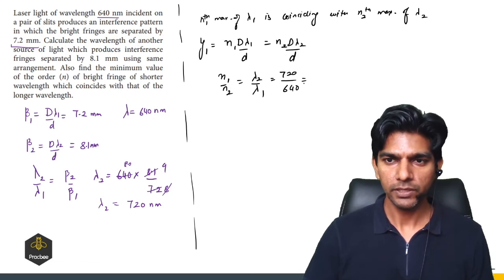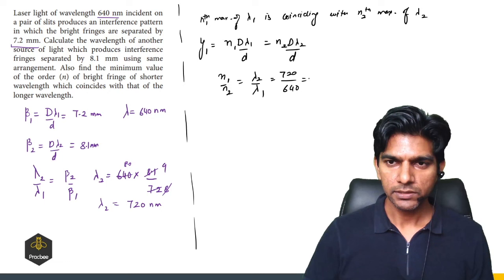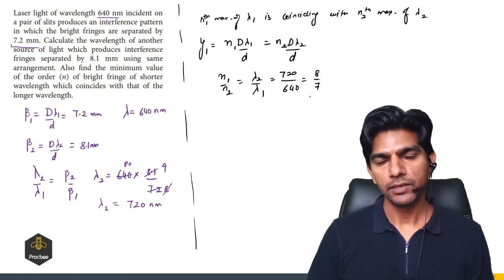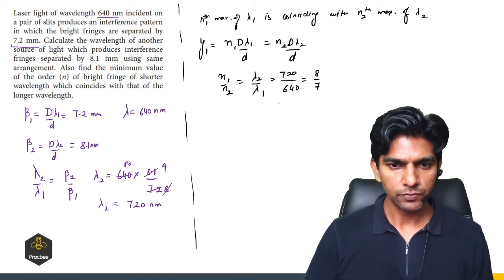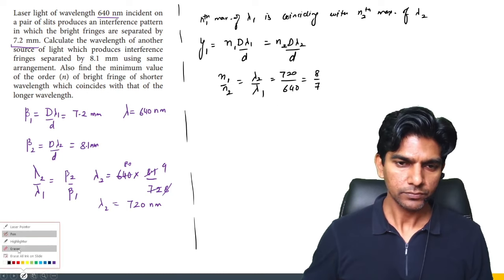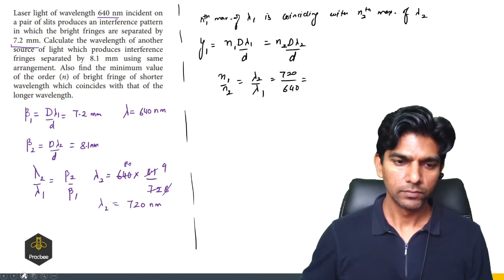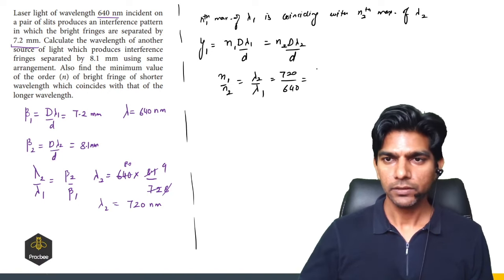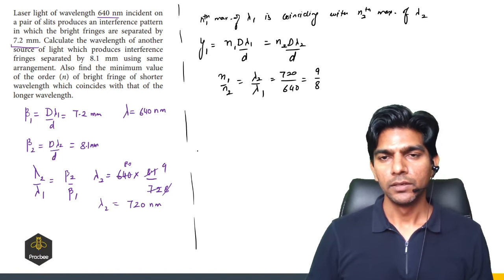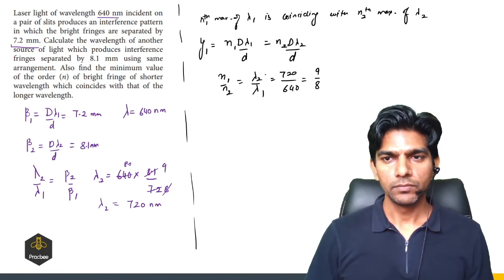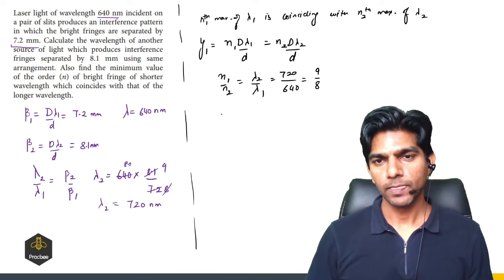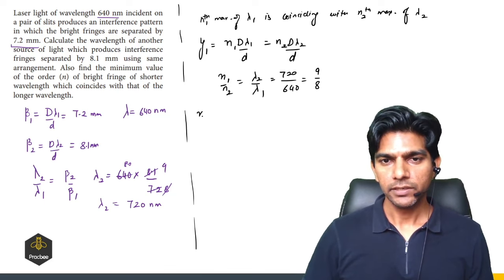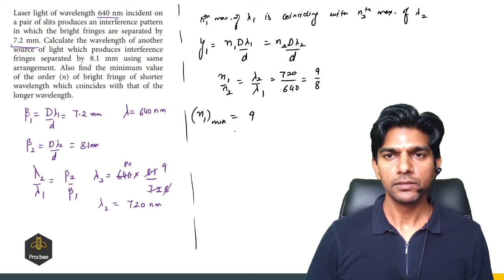So it will be 9 by 8. Now we know the ratio of the orders, so we can say the minimum value of n1 is 9.